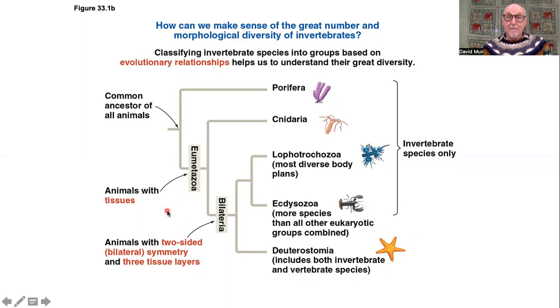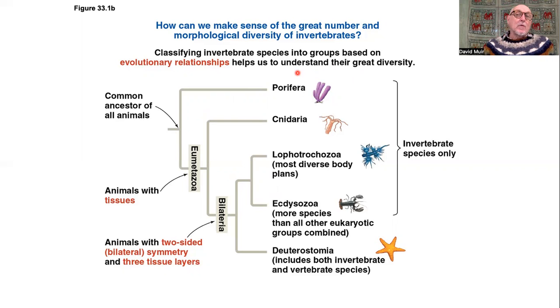Okay, so first of all, let me just point something out about this tree. It has a basal group there. That is the basal group, the porifera, the sponges. In fact, there are some biologists who would argue that the sponges are not true animals because their cells are not organized into tissues.